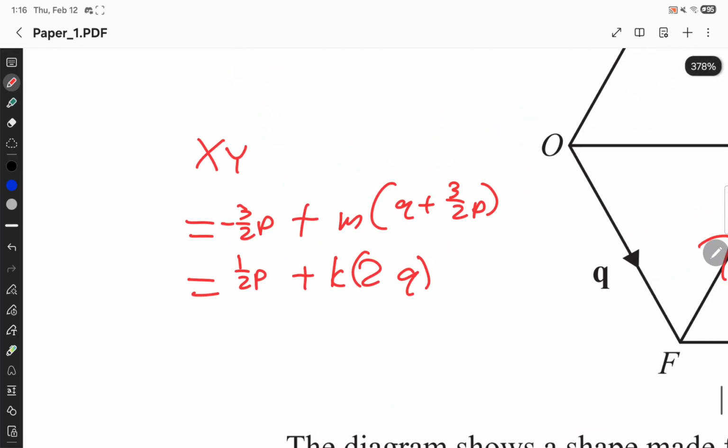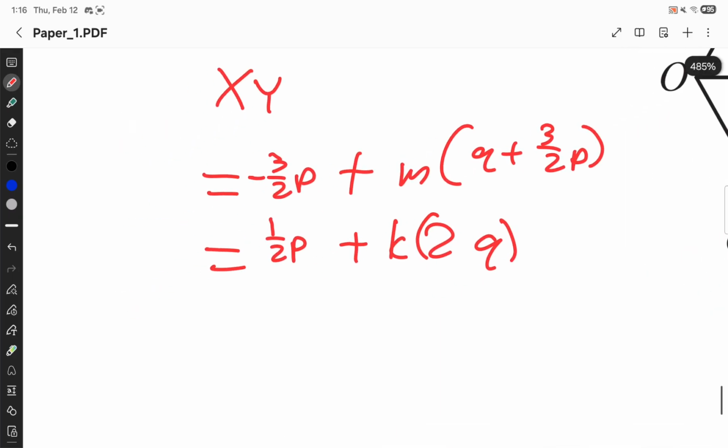Now we can set up linear equations in p and q, in m and k, by equating p and q terms.